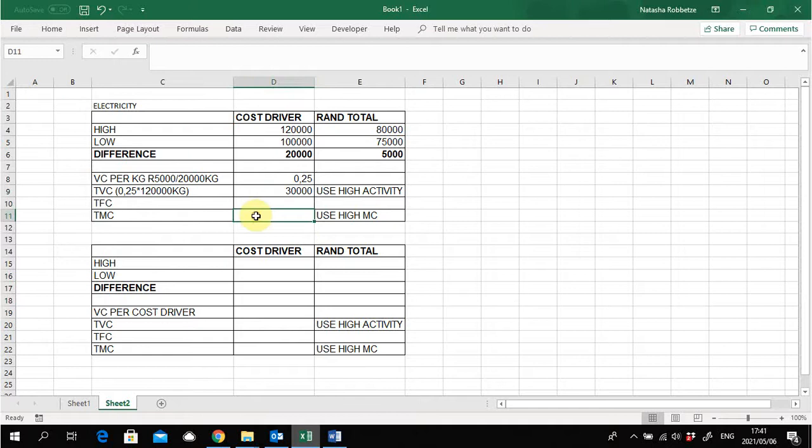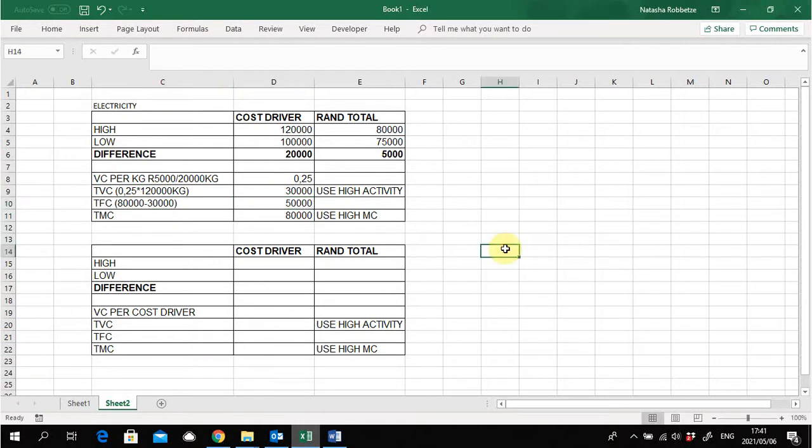Then the total mix cost, I can just use the highest mix cost as I've listed it here, and that's going to be 80,000 Rand. And it goes with the 120,000 kilograms. The difference should be the fixed cost. So here I'm going to say the variable cost plus the fixed cost equals the mixed cost. So it's going to be 80,000 Rand minus 30,000 Rand to get to that. And if I'm not mistaken, it should be 50,000 Rand.